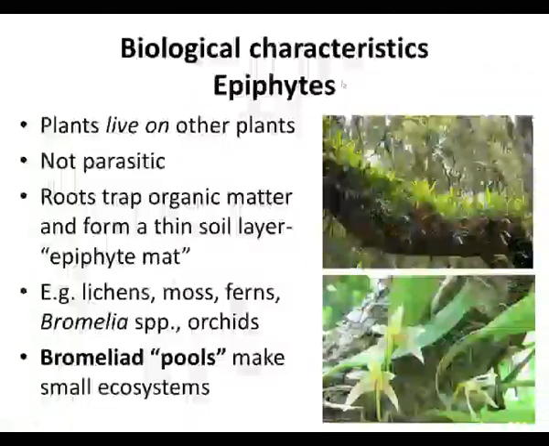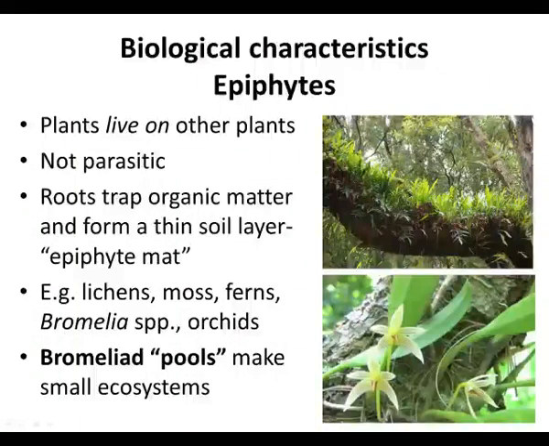And we call these epiphytes. Basically, an epiphyte is a plant that lives on another plant, and typically they are not parasitic. When they are colonizing these tree branches, they trap organic matter between their roots, and eventually it will make a thin layer of soil, and we call it an epiphyte mat.